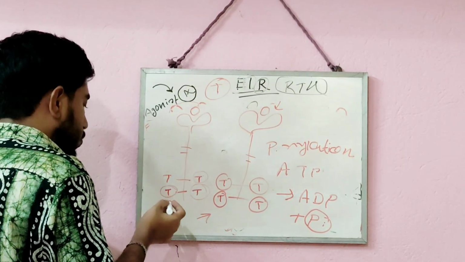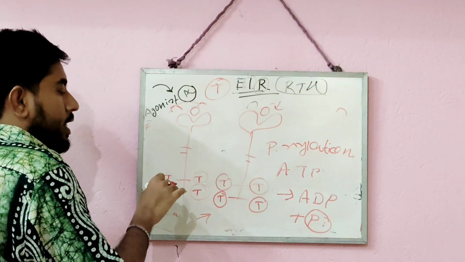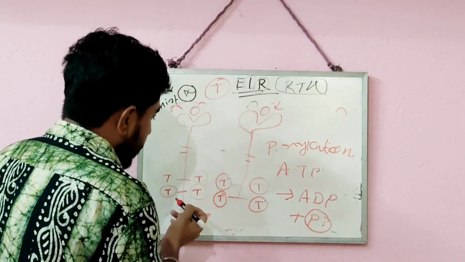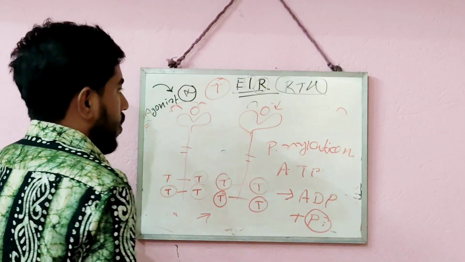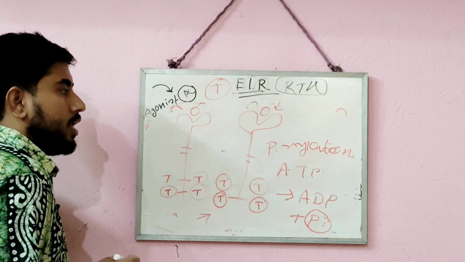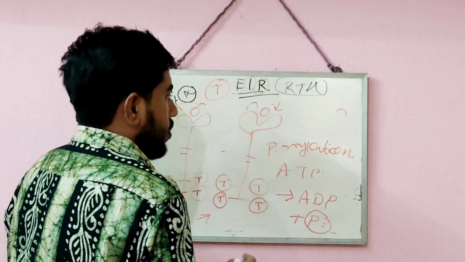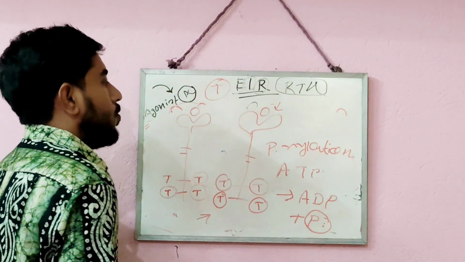So what happens when the receptors come together: RTK will come and bind with the receptor. At that time, tyrosine will come and bind with the enzyme-linked domain, or intradomain, of that receptor. When tyrosine binds with that enzyme-linked domain, it helps in the phosphorylation of ATP, or adenosine triphosphate.